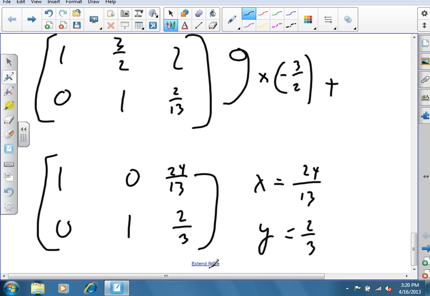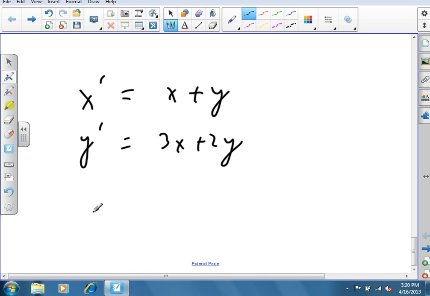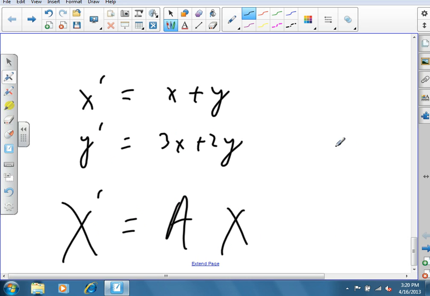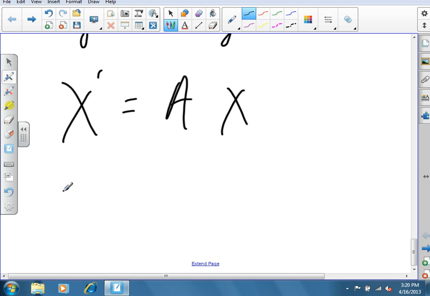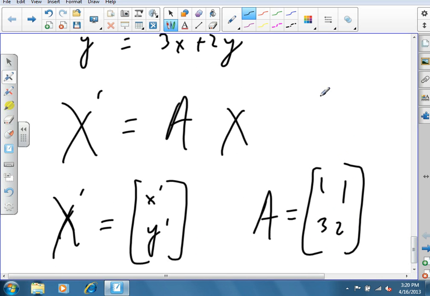All right, so now if I have x prime is x plus y, and y prime is 3x plus 2y, I could write that as X prime is equal to A X, where X prime, the great big X prime, is (x prime, y prime), and where A is [1, 1; 3, 2], and X is (x, y).